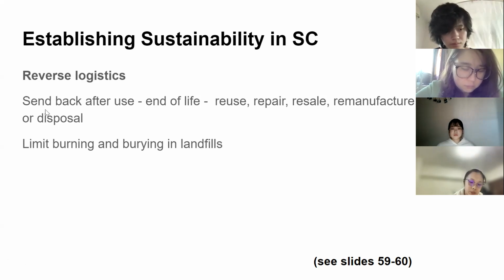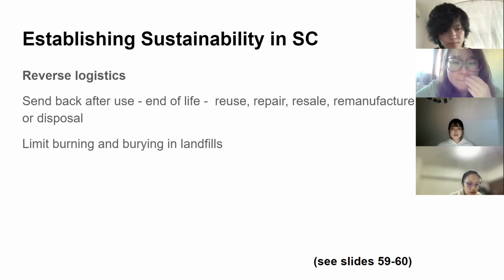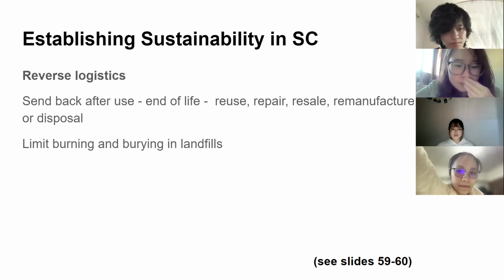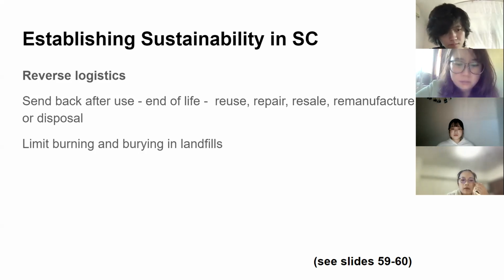Reverse logistics means having methods and ways of reuse, repair, and remanufacture, or you send it back to the manufacturer at end of life. End of life means the product has already been used. For example, cars, after 20 or 25 years, are already dead, so the manufacturer will have to buy back.